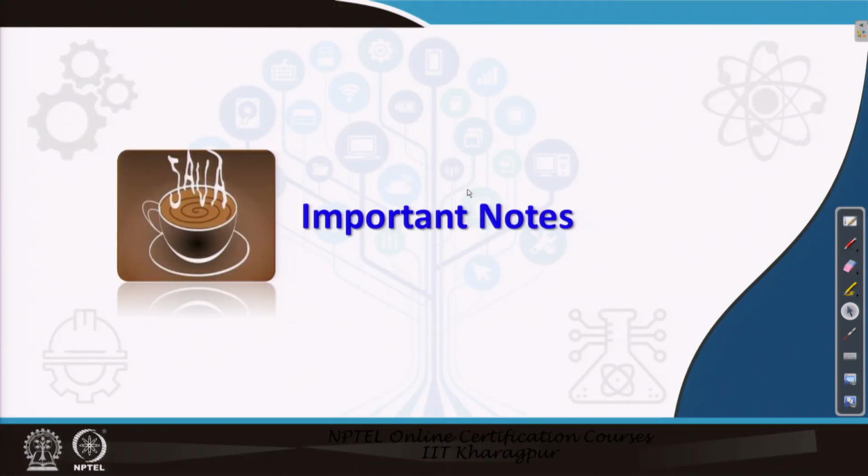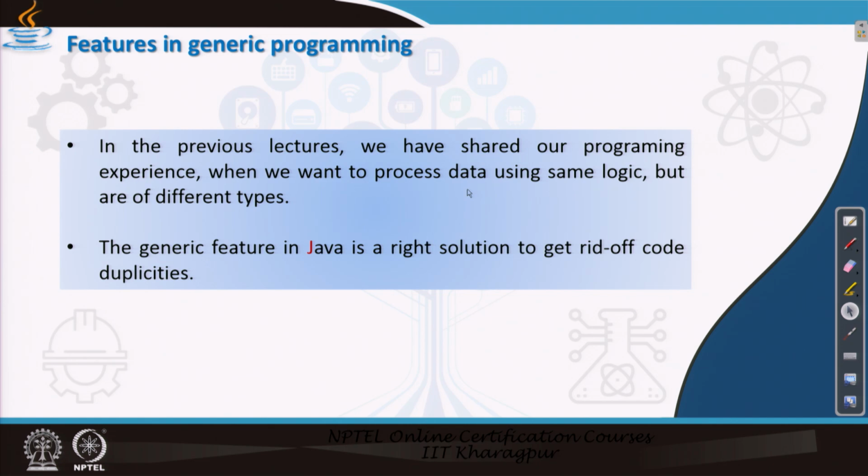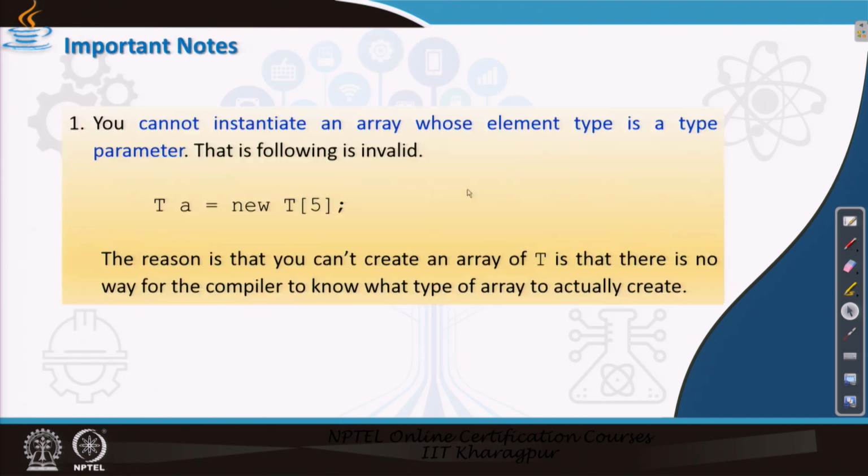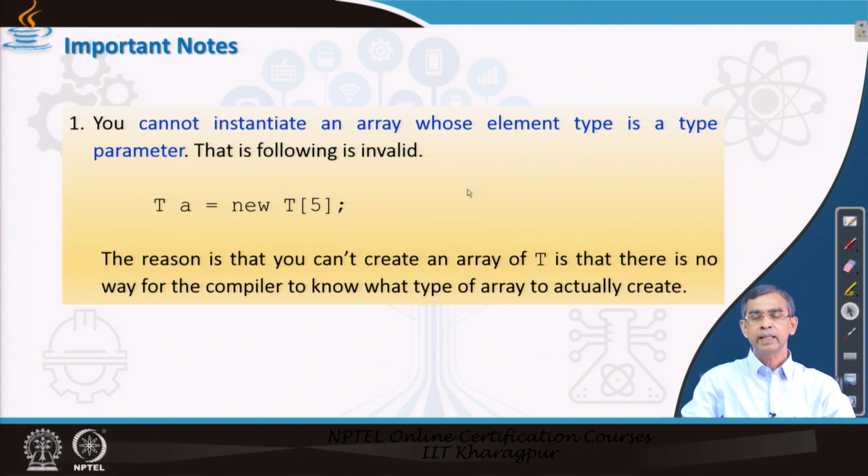Now, I will quickly recapitulate certain points which are important to note. The first is that generic is very good, because it allows you to write a program in a general way, not a specific way. That means a program can deal with any type of data. But there are a few points.